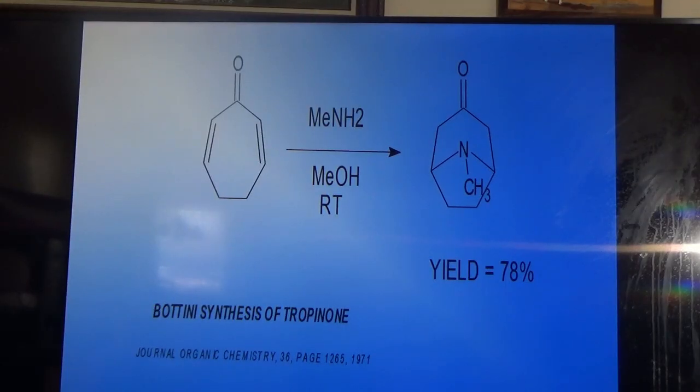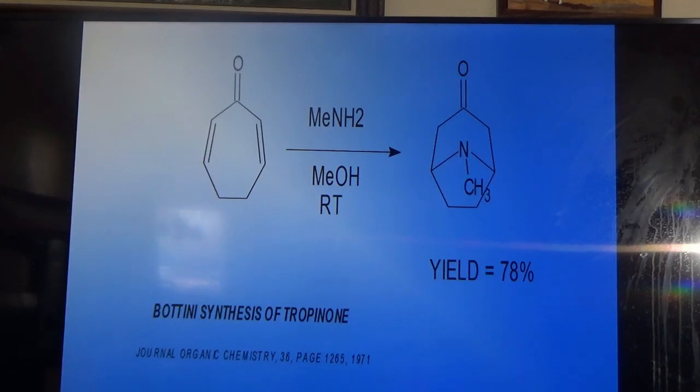Now, Bottini, in 1971, published in JOC an elaboration of the Robinson synthesis. Bottini published this work saying that if the Robinson synthesis proposal is right, the intermediate has to be going through the cycloheptadienone.